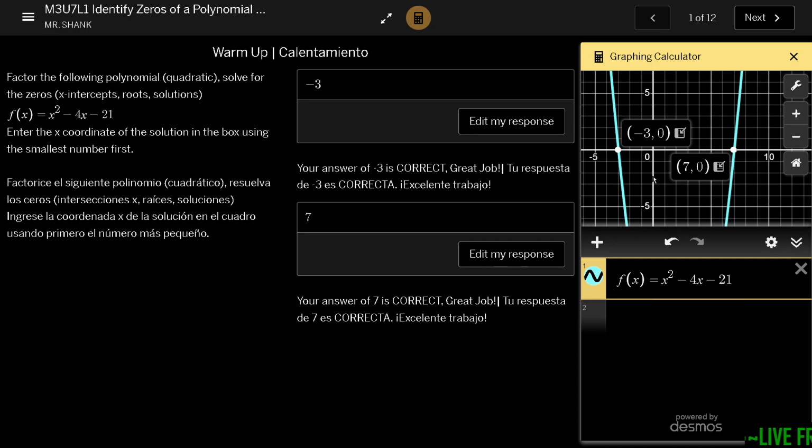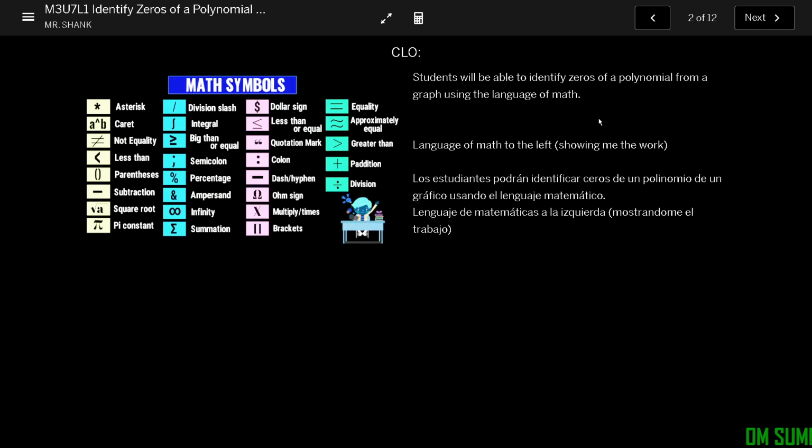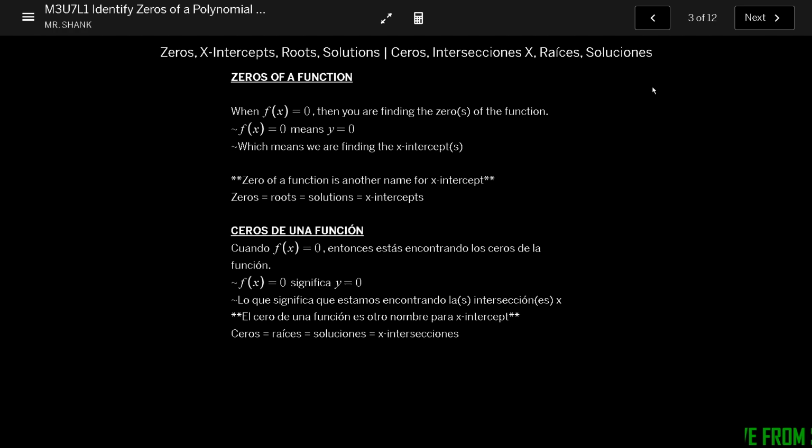All right. So the key idea is we're looking for where that curve hits the x-axis, or where the points have the y value of 0. So that's what we're talking about. Our objective is we'll be able to identify the zeros of a polynomial from a graph using that language of math. So when we talk about zeros, roots, solutions, or x-intercepts, all four of those words are interchangeable.